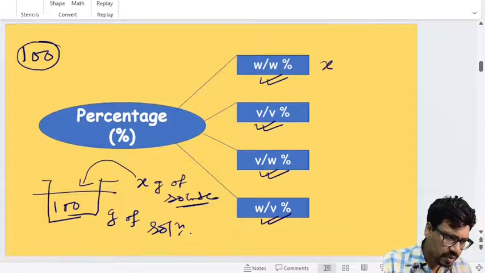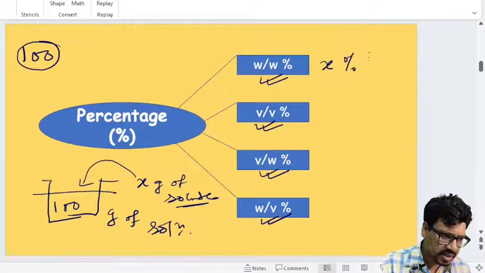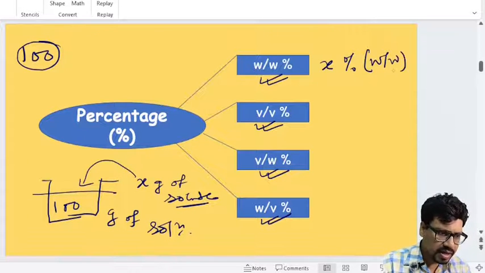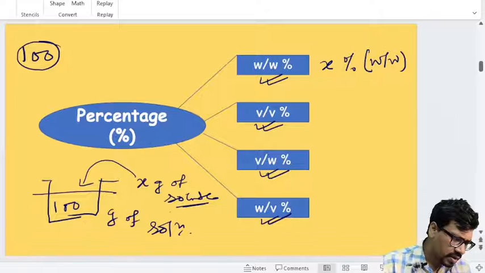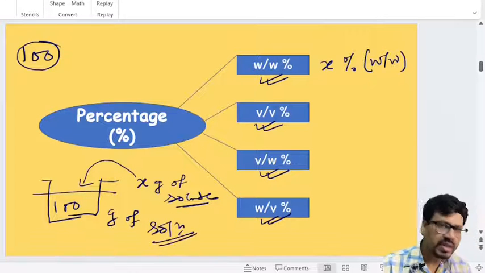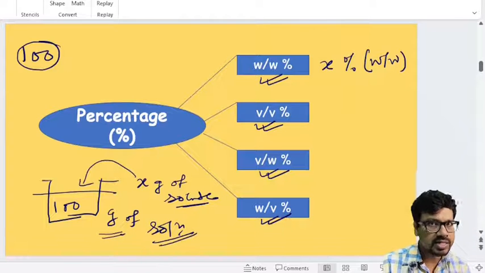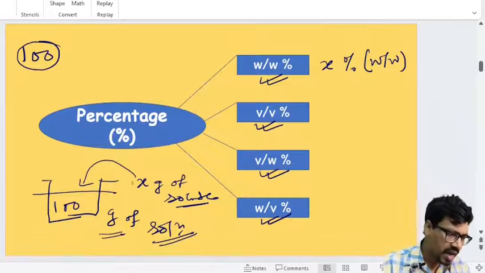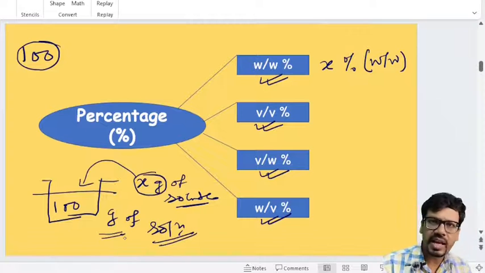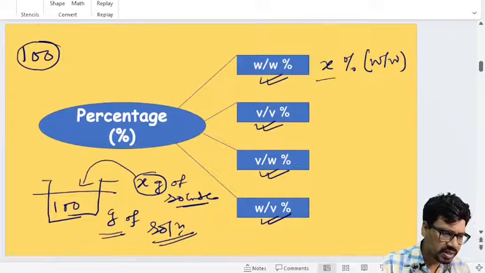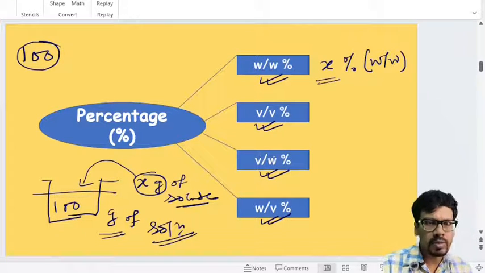Here the solution is 100 gram, that is the mass of the solution, and the solute present is x gram. So this is x percentage, W by W.